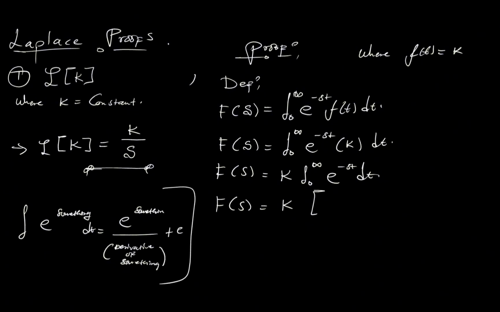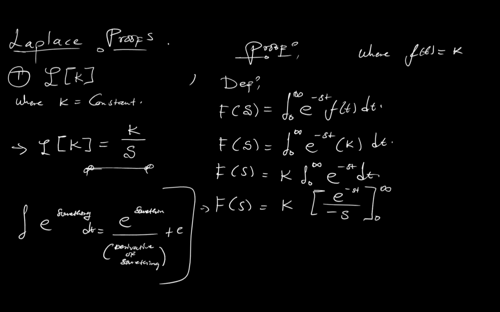But in this case here, we'll have e to the minus st over the derivative of the something, which is minus s. Now, since we're taking the limit of 0 to infinity, the constant of integration will not be considered, and we'll have it from 0 to positive infinity.